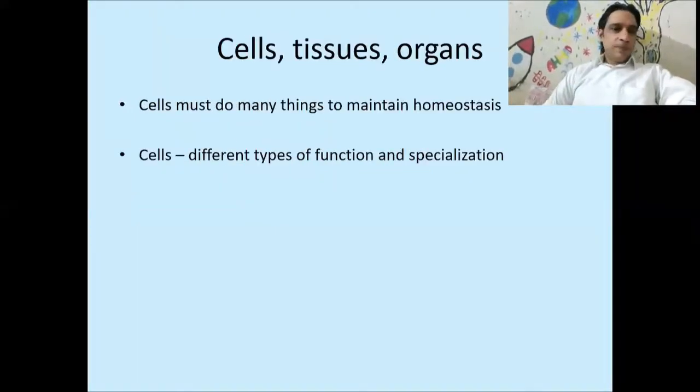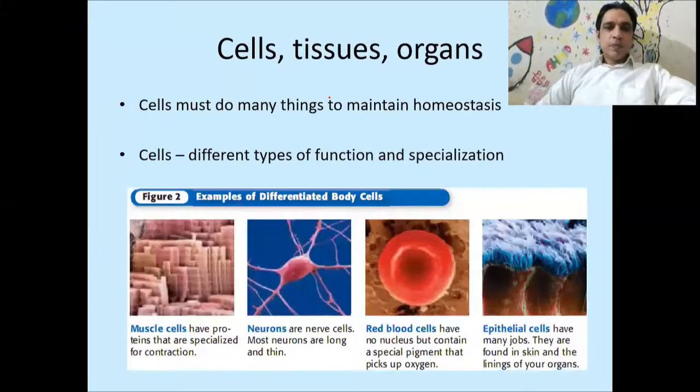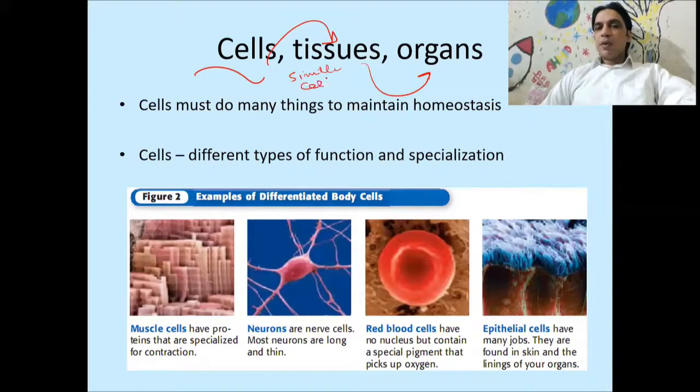Any questions from here? The thing starts from the cells, goes to the tissues, and then to the organs. Remember, similar cells work together to make tissues, and then different tissues work together to make organs.